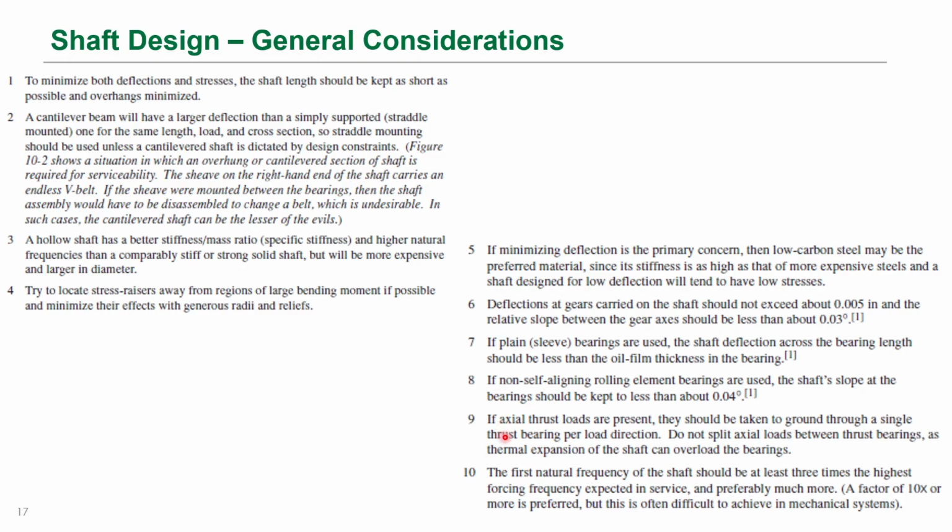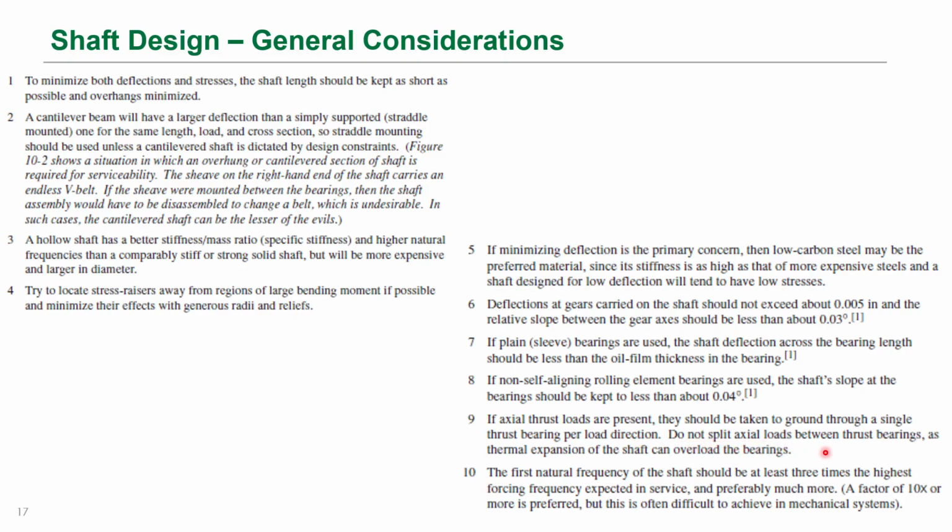If you have axial thrust loads, you do not want to transmit those loads through the shaft. You can take them to ground through a thrust bearing. You can design a thrust bearing in the shaft, and then the housing where you have that thrust bearing, design it so that it absorbs the thrust load.